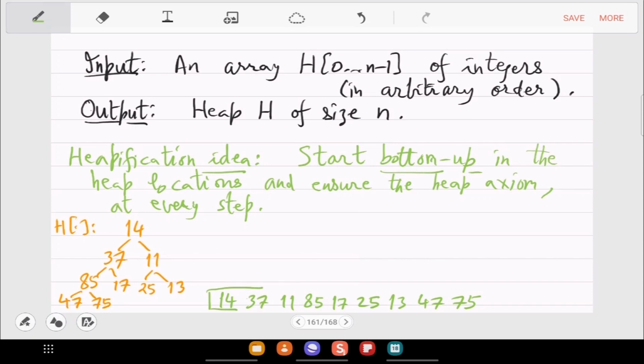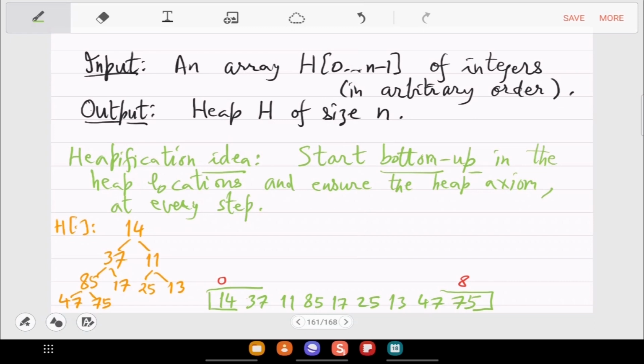It goes from 0 to 8. So this is an arbitrary array. So the first step that you will take for heapification is you look at the second last level, which is 85, 17, 25 and 13.